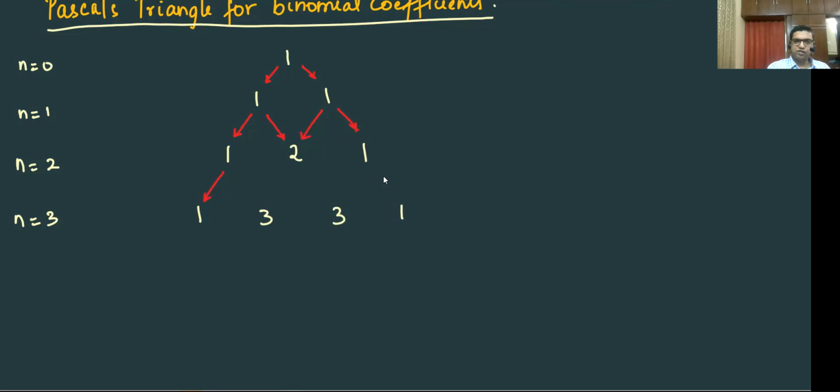So this is 1, this is 1, no problem. In between, 1 plus 1 from here, 2 from here, 1 plus 2, 3. Then 2 from here, 1 from here, 2 plus 1, 3. This kind of structure is called Pascal's triangle.